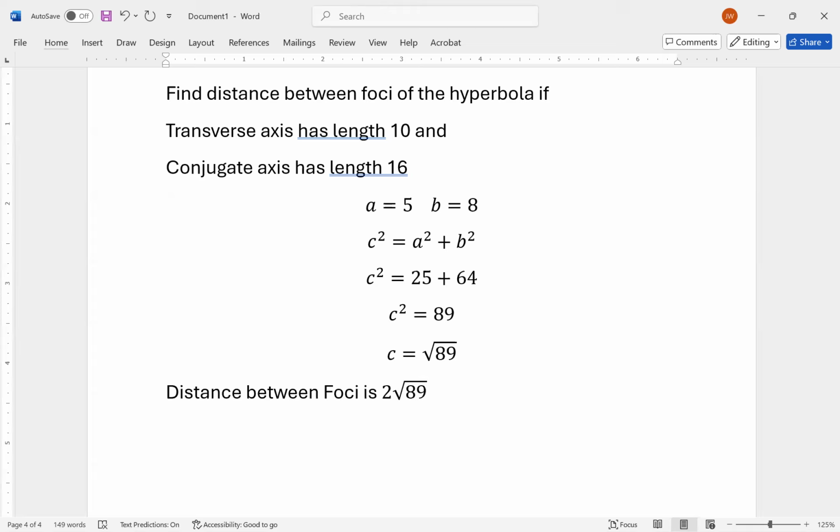So from focus to focus, the distance will be twice the square root of 89. We don't even have to find an equation in order to solve this problem. We just need to figure out what A and B are and then use the formula for finding C in a hyperbola.